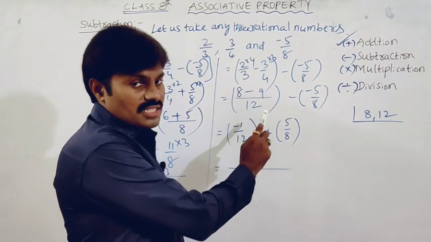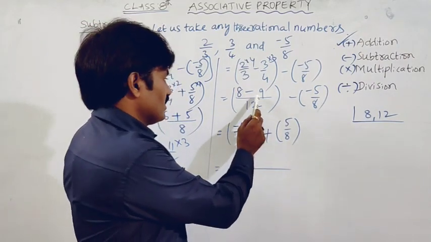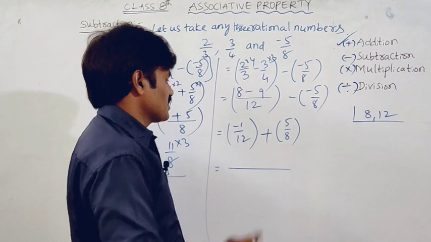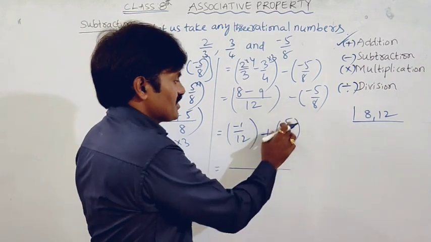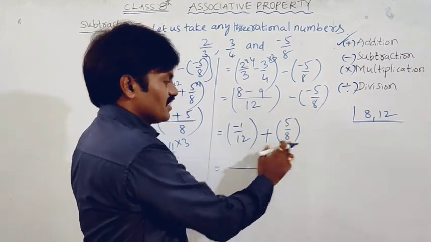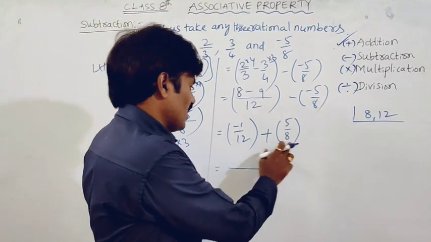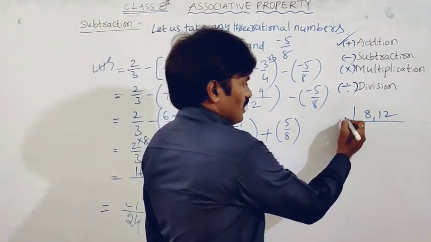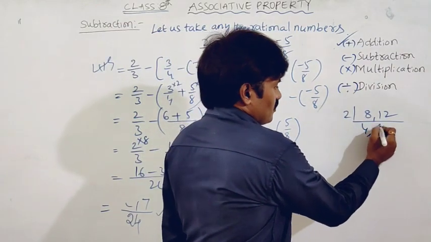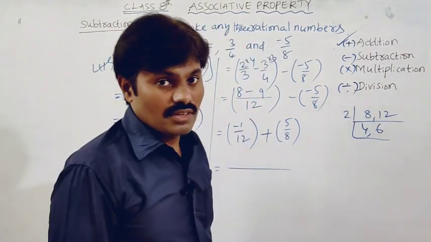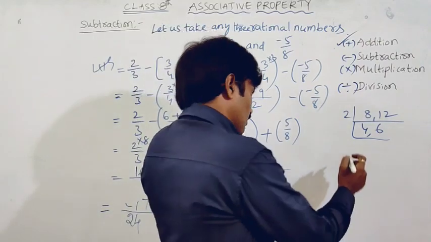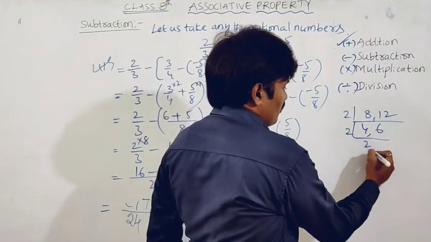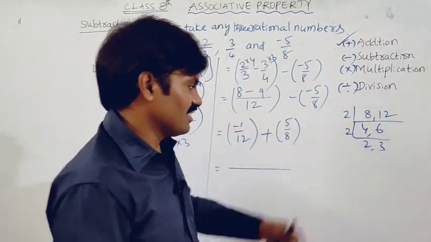Now according to BODMAS, first you have to simplify this one. So 8 minus 9 is minus 1 by 12, minus of minus, plus 5 by 8. Now you have to simplify these two rational numbers. So what is the LCM of 8 comma 12? Let us see, 2 4s are 8, 2 6s are 12. I have taken the small table first for better understanding. Clear? Is there any other table?